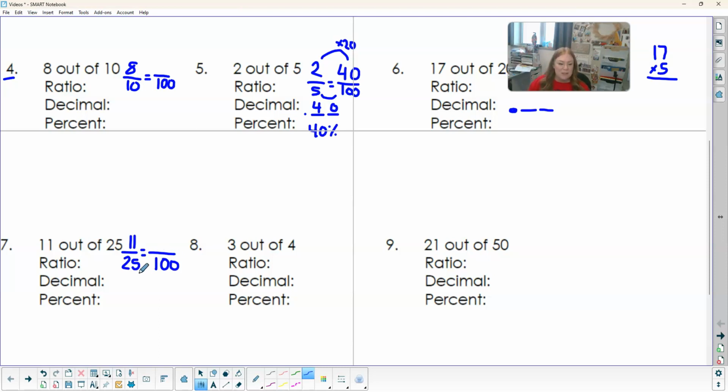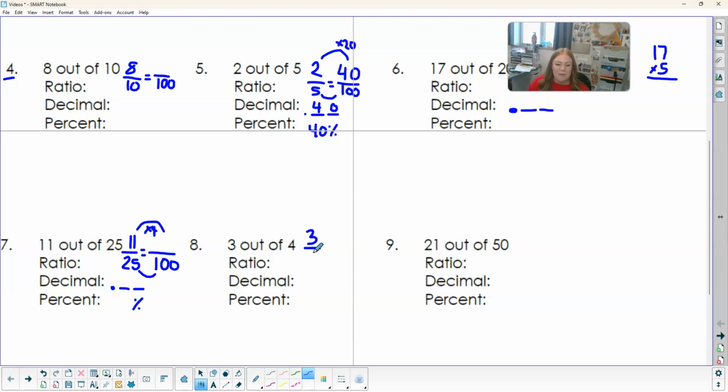So this was times by 4. So if I times by 4 here, I need to times by 4 here. So we need to do 11 times 4. That's my numerator. It's my decimal number. And that number is my percent, out of 100 every single time.